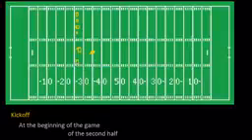I won't draw them all, but they would have some on one side, usually some on the other side. And then of course we'll have our defense, standing down here waiting, and there's usually either one or two guys who are deep right around the goal line to receive the ball. And then of course we have all the other members of the receiving team.